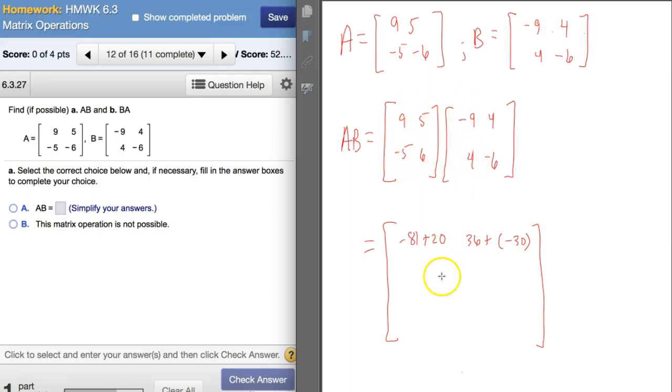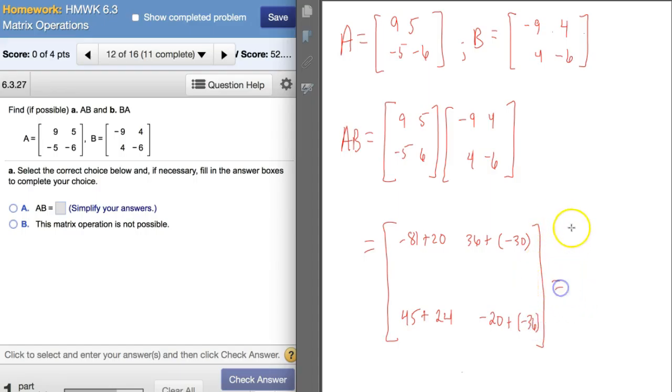Row 2, column 1 gives us this area here, and row 2, column 2 gives us this particular number there. So negative 5 times negative 9 is a positive 45, plus 6 times 4 is 24. And then negative 5 times a positive 4 is a negative 20, plus 6 times negative 6, which is a negative 36.